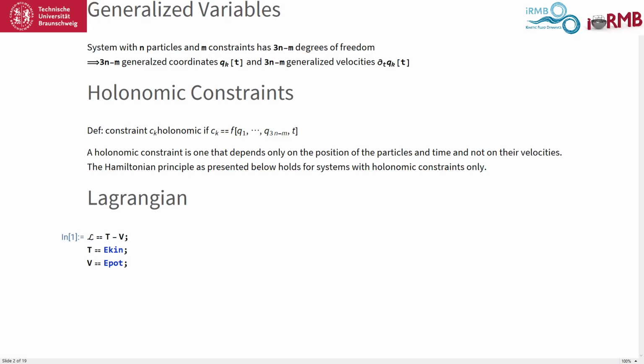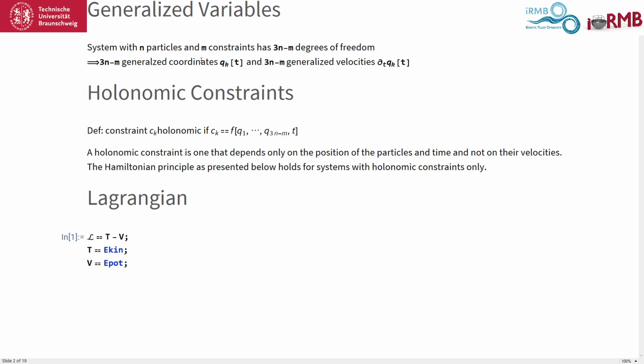Very down there would be particles, but we can generalize this a little bit later, as we'll see. So we say there would be n particles, and these particles are not completely free, but they have constraints. So say there are m constraints.